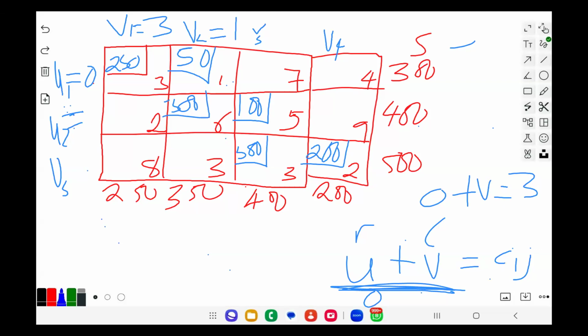It's a 6? Now our V is already 1. When you add V plus U, they should give you this 6, the Cij. The V is 1 on top in this column, the V is in the column section, it's 1 on top there.